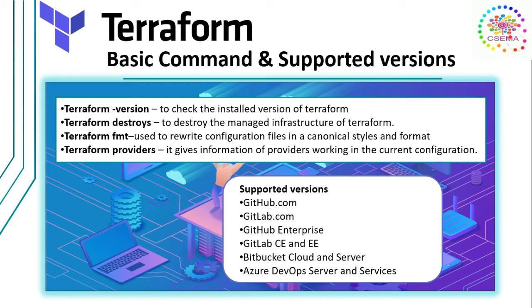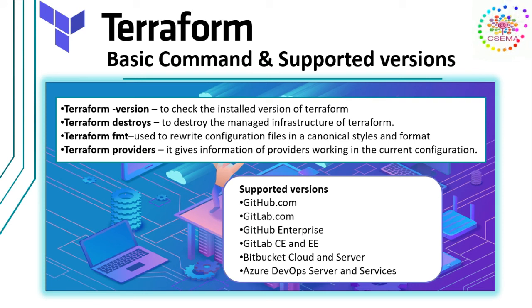So we have listed here a few basic commands that we can use while interacting with Terraform. The first one is terraform version. Terraform version is used to check the installed version of Terraform in your cloud resource. And terraform destroy is used to destroy the managed infrastructure of Terraform.